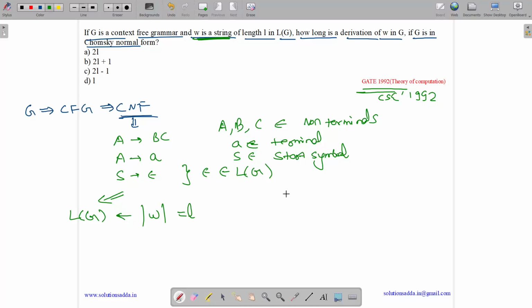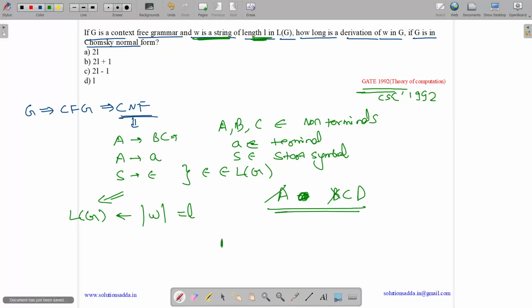Suppose we start from a non-terminal A and then we do A implies BC, so it becomes BC. Then we can again replace this by 2. So if we replace it by another 2, at each replacement we are increasing the length by 1, and we need to go to the length of L. So how many replacements do we need to do?